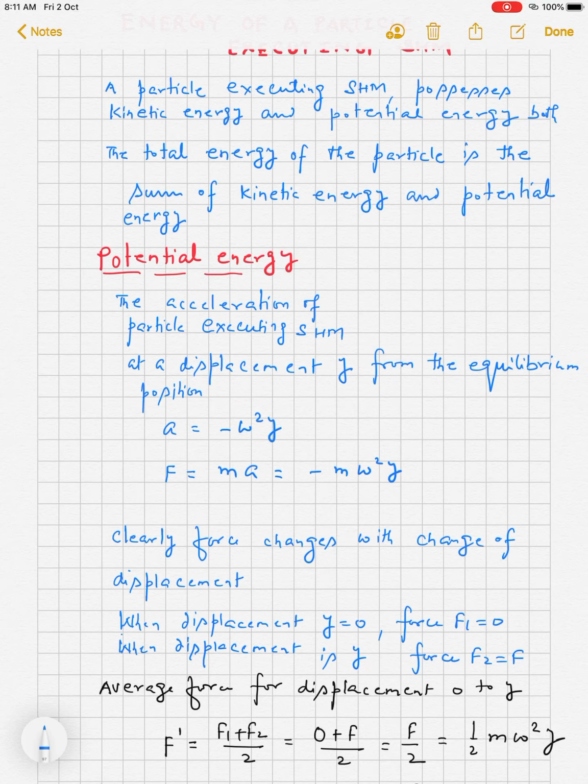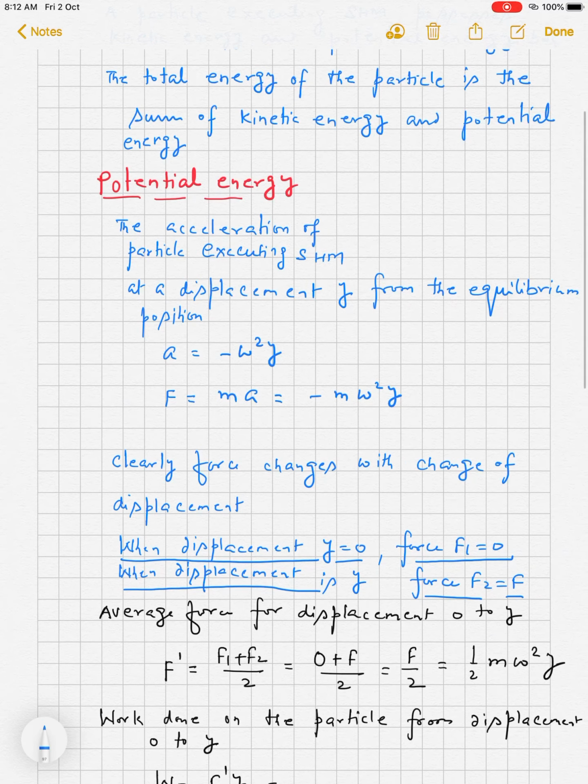When displacement is 0, that is at the equilibrium position, the force on the particle F1 is equal to 0. At the extreme position, when the displacement is y, the force F2 is equal to F. So the average force for displacement from 0 to y is F dash equal to F1 plus F2 upon 2.